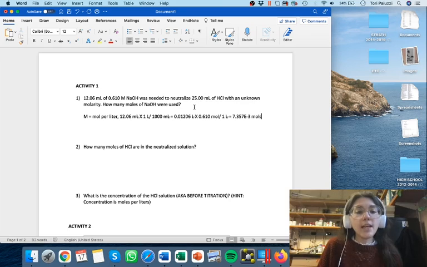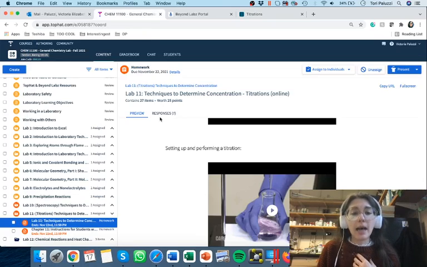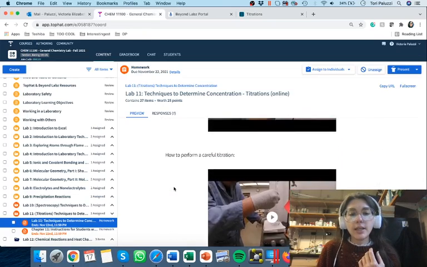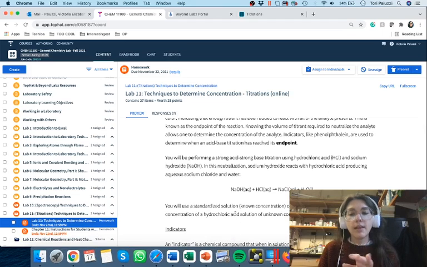Okay, so that's how many moles of sodium hydroxide were used. Great. Now it asks me how many moles of HCl are in the neutralized solution. And so then I'm going to go back to my lab manual, and if I look in here, I'm going to find that overall chemical equation. And when I look at this chemical equation, I can clearly see that sodium hydroxide and hydrochloric acid are in a 1-to-1 ratio.